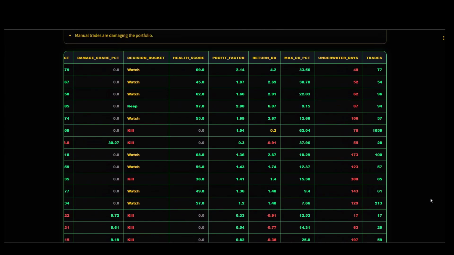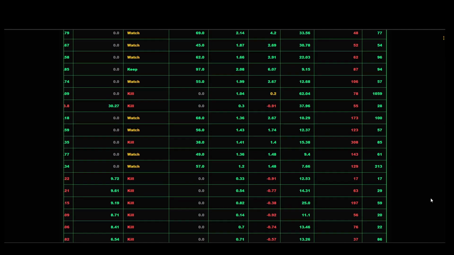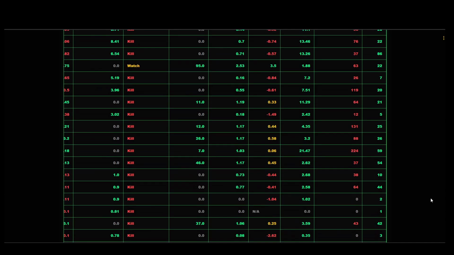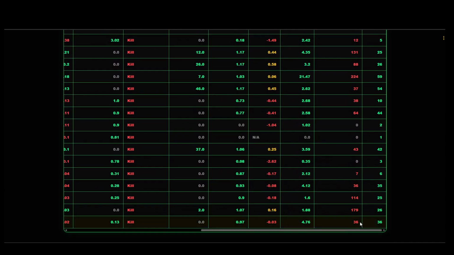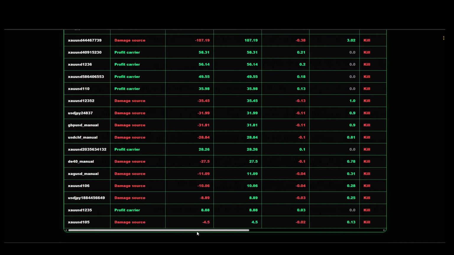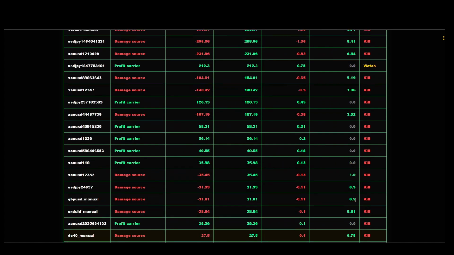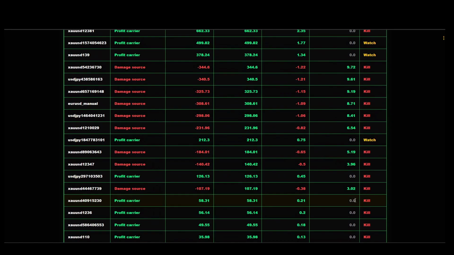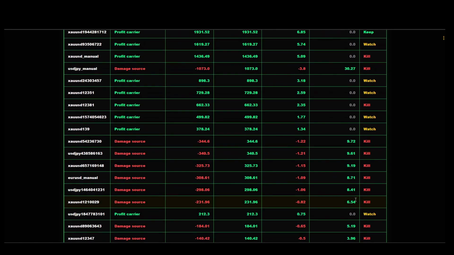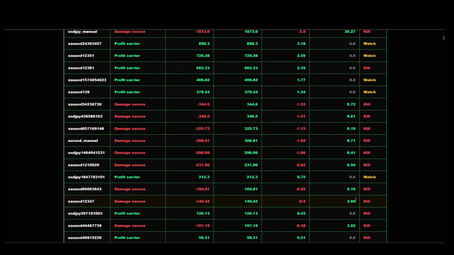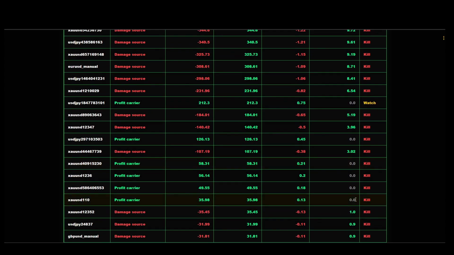Because now the system is no longer only asking which robots make money. Now it asks which robots are carrying the portfolio, which robots are creating structural damage, and whether the portfolio remains balanced enough for realistic deployment. So some robots become classified as profit carriers, meaning they contribute meaningful positive performance to the account structure, while others become classified as damage sources, meaning they contribute disproportionately to portfolio instability, drawdown pressure, or negative structural impact.